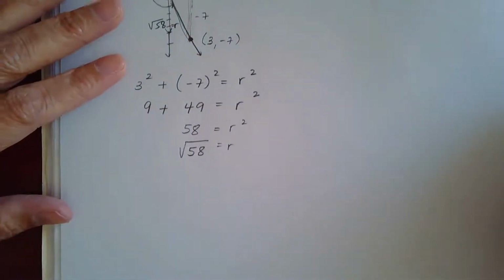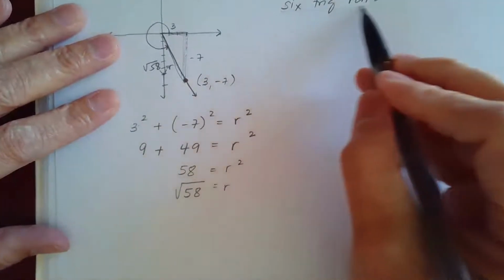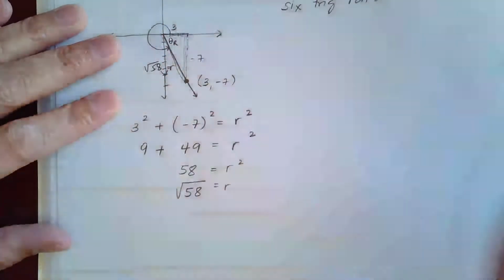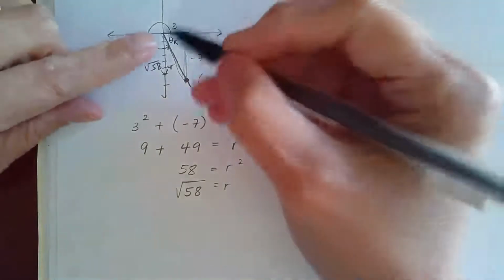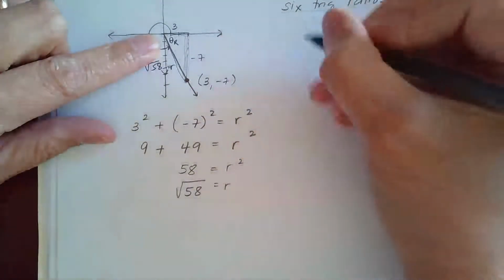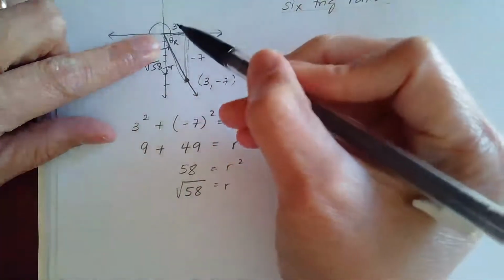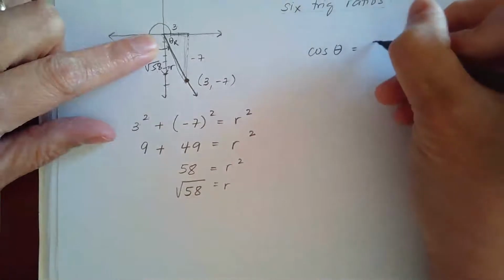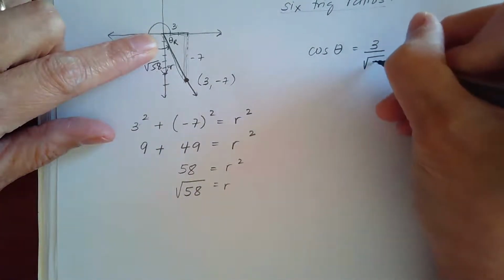In this particular case, the 6 trigonometric ratios work for theta only for right triangles. So from here, cosine theta would be adjacent over hypotenuse, adjacent, which is 3, hypotenuse, which is root of 58.